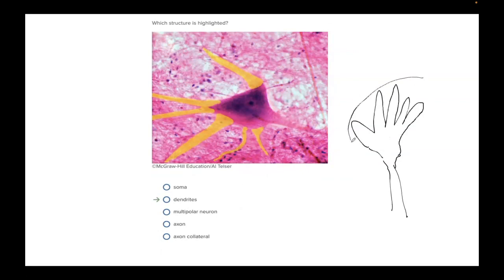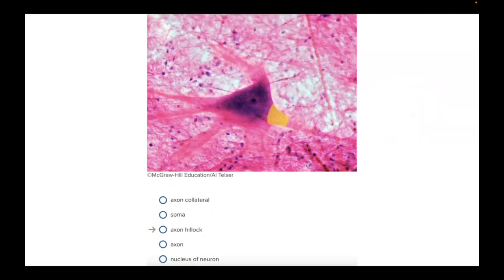So think of the digits as the dendrites, your palm, that's the cell body, and then your forearm, that would be your axon. Easy way to kind of study it and learn it. All right, so what's the dilated part right here, the little triangular area? That's the axon hillock.